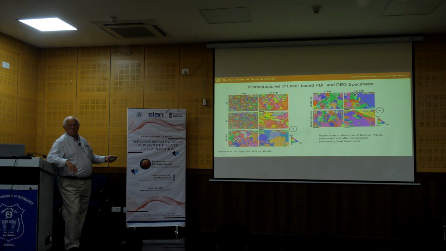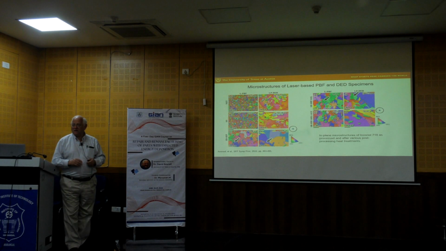The right one is laser-based DED. And so we see here in the very first pair, this is no heat treatment, so this is straight out of the machine. What you see almost immediately, the striking feature, is that the grain size in the powder bed part is lower, finer than in DED.